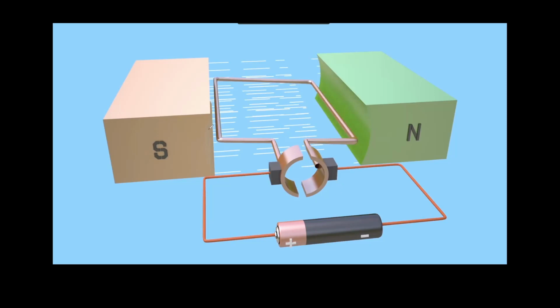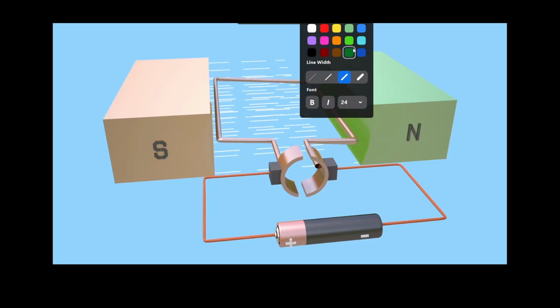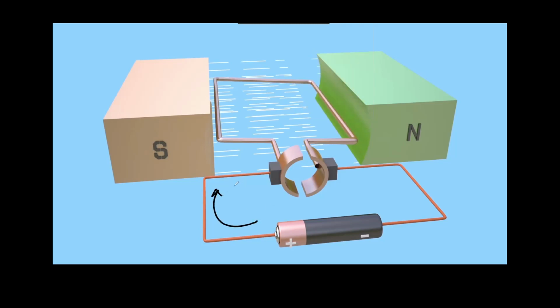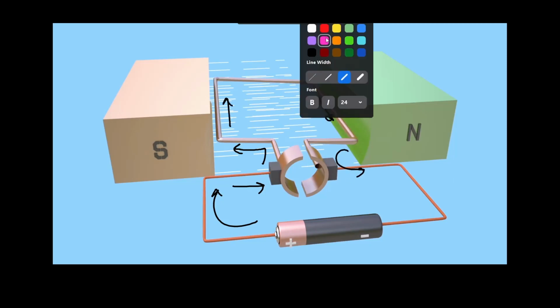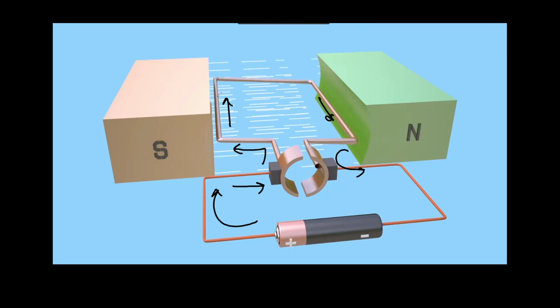Now let's analyze the situation again. What I see is that the current is still moving in this direction, and over here in this direction, and over here coming back to the circuit again. So if you notice the direction of the current in the wire or in the conductor, right now, for the sake of discussion, closer to the south pole, it is always away from us.